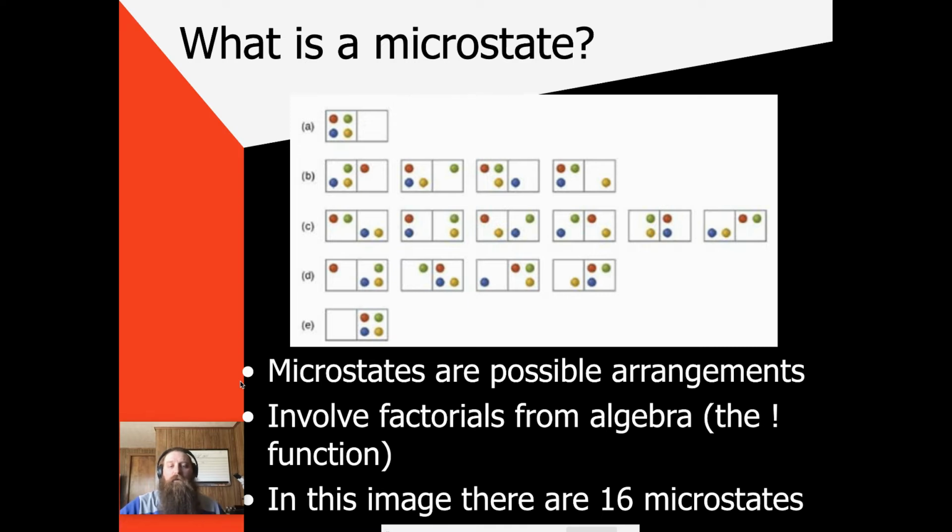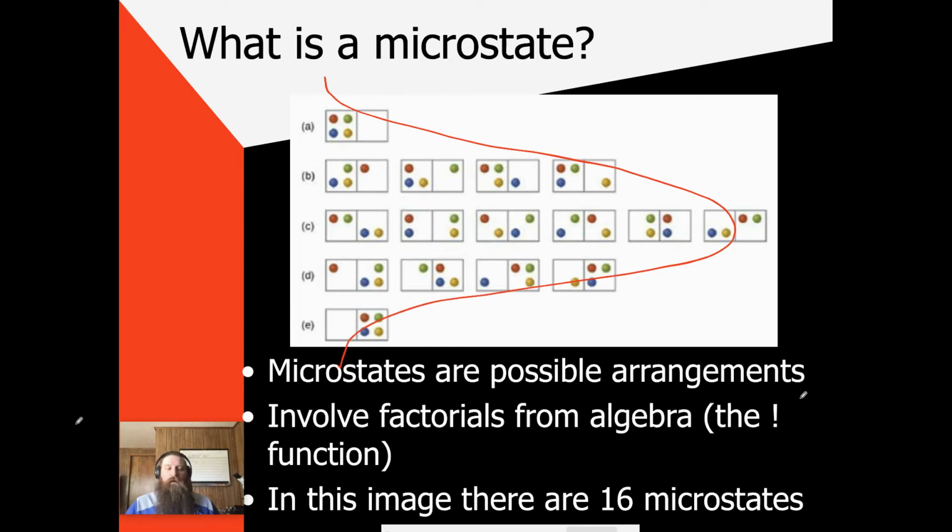In C, we have all the possible arrangements for two particles on each side of the box. In D, we have one particle to the left and three particles to the right, and in E, all four particles on the right. Now you'll probably notice something: there is a statistics curve, like a bell curve, here. It's just on its side.